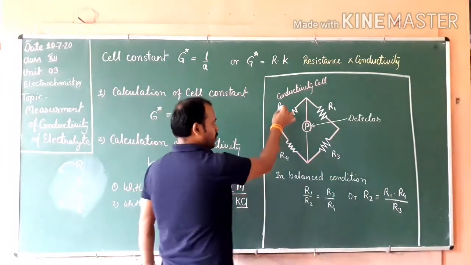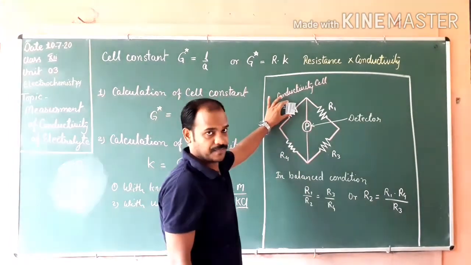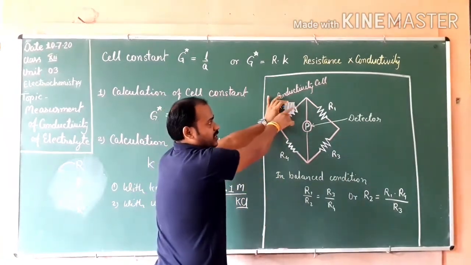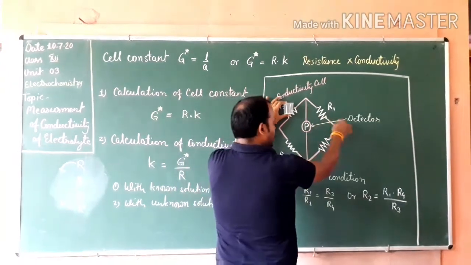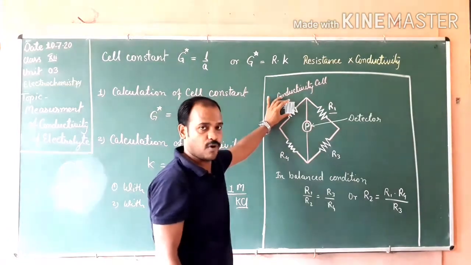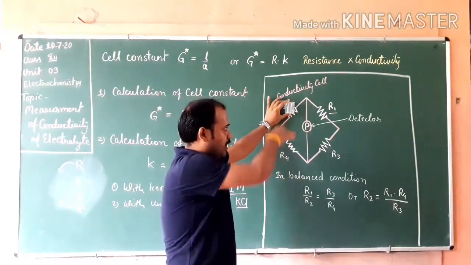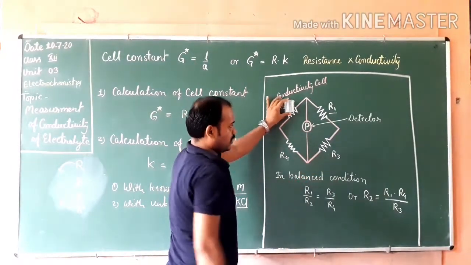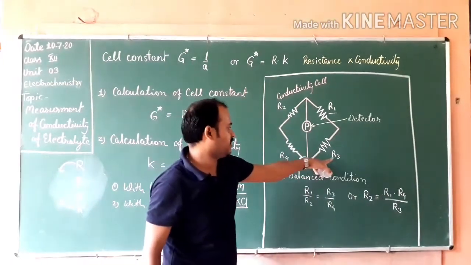In place of R2 we place the conductivity cell, filled with 0.1 molar KCl. R1 is known because it is a resistance box. R3 and R4 values can be found from the Wheatstone bridge.